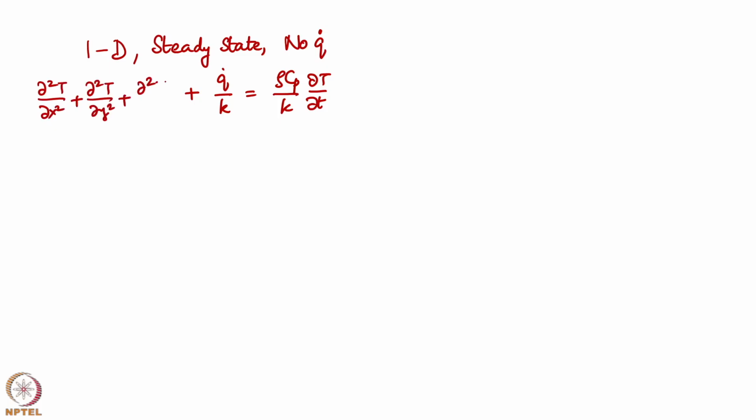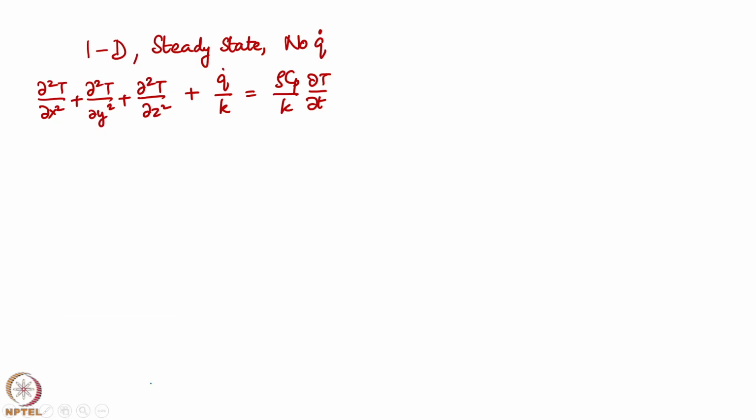no heat generation, okay, which means I am going to have d²T/dx² plus q dot by k is equal to rho Cp by k dT/dt. Let me write this as d²T/dx² plus d²T/dy² plus d²T/dz². And what are we saying?